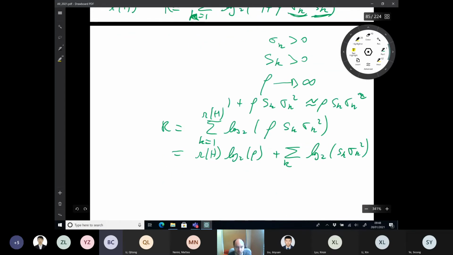Good. What does that mean? This is a constant, not a function of rho, not a function of this long-term SNR. And here what I have is a pre-log factor of the rate, right? The log is here in dB, in log scale.